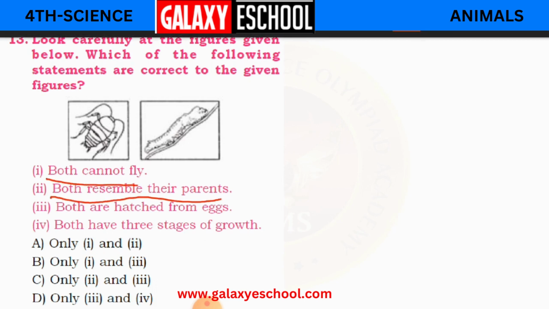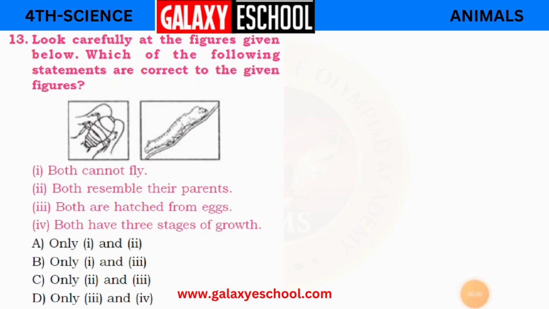Third one is both are hatched from eggs. Fourth one is both have 3 stages of growth. See here, if you see children, this picture is of the baby cockroach.